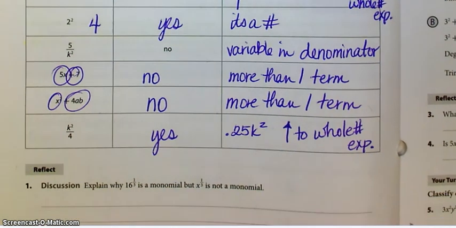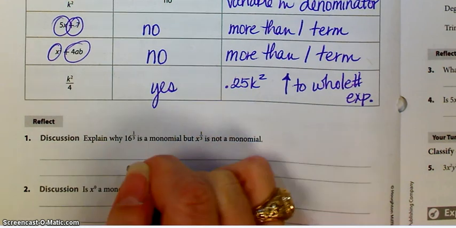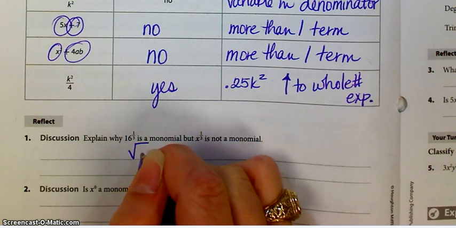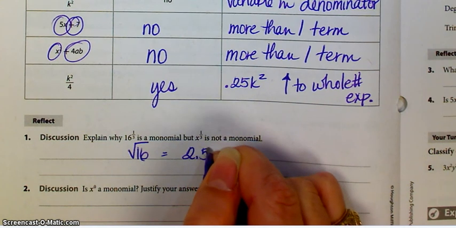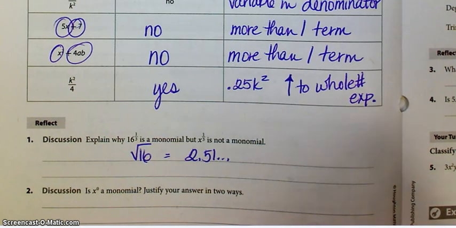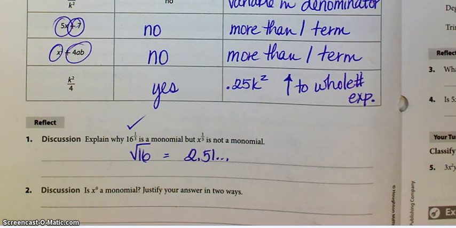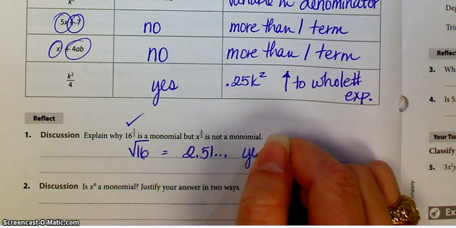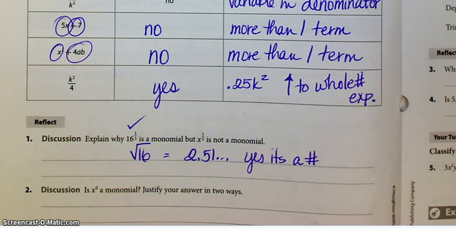All right, scoot down a little bit. Let's look at the discussion questions. Explain why 6 to the 1/3 is a monomial. Well, 6 to the 1/3 would be the cube root, the cube root of 16, and that's like, I don't know, 2.51 something. It's an irrational number, but it's a number, and a number qualifies as a monomial. So yes, it's a number. But why is x to the 1/3 not a monomial?